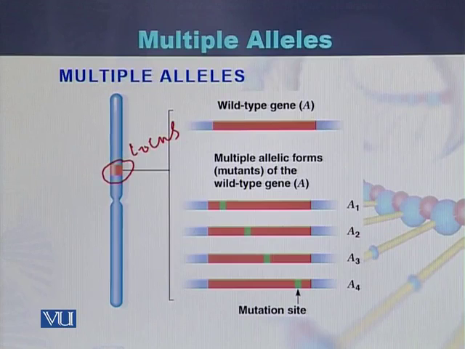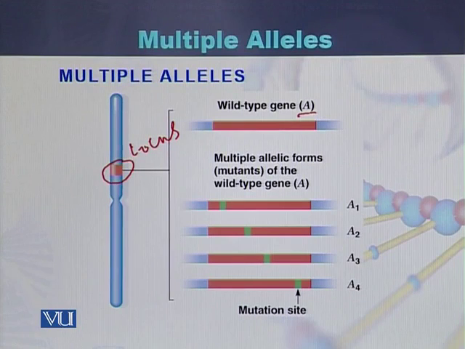This gene has multiple alleles. Allele A can be considered the wild type allele, but in addition to the wild type allele, there are many other allelic forms of this gene. Those are called multiple allelic forms of the gene.